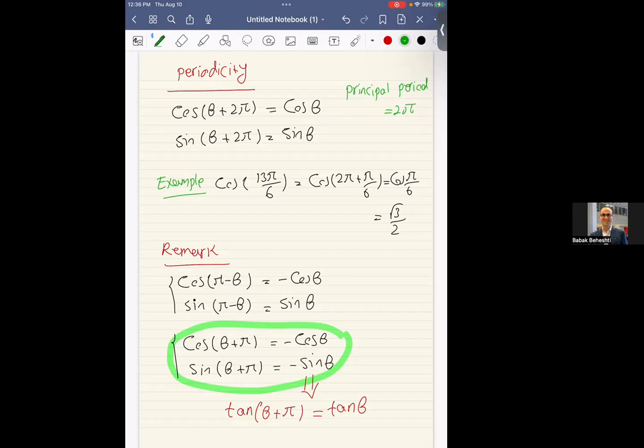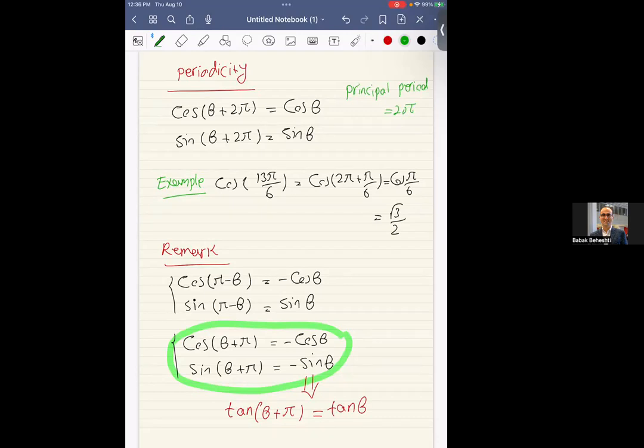But the question is, which one is the period? They are all periods, but between all of them, 2 pi is the smallest. That means you cannot find something smaller than 2 pi for which that happens. So the smallest one is 2 pi.